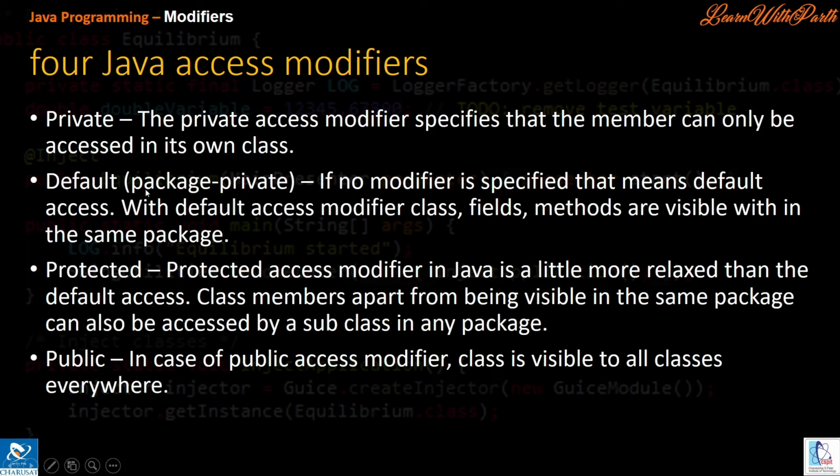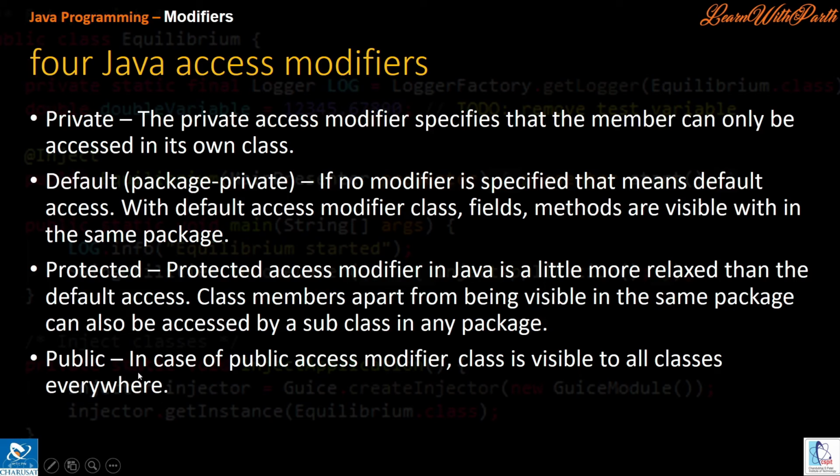Default, also known as package-private, applies if no modifier is specified, and the class, field, or method is visible within the same package. The protected access modifier in Java is a little bit more relaxed than default access. The class member, apart from being visible in the same package, can also be accessed by a subclass in any other package, as we have seen in the example.